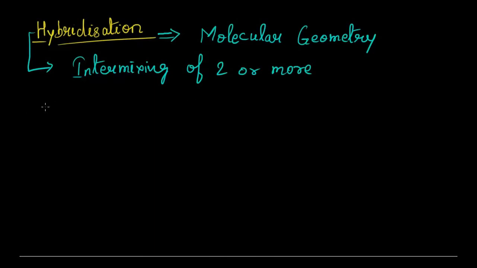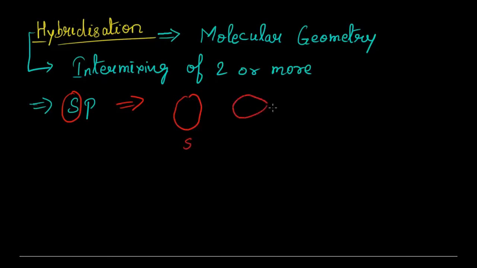Let's take a type of hybridization and we'll get to know what exactly hybridization is. So let's take sp hybridization. As the name suggests, because it is s and p hybridization, I'll have one s orbital and one p orbital.